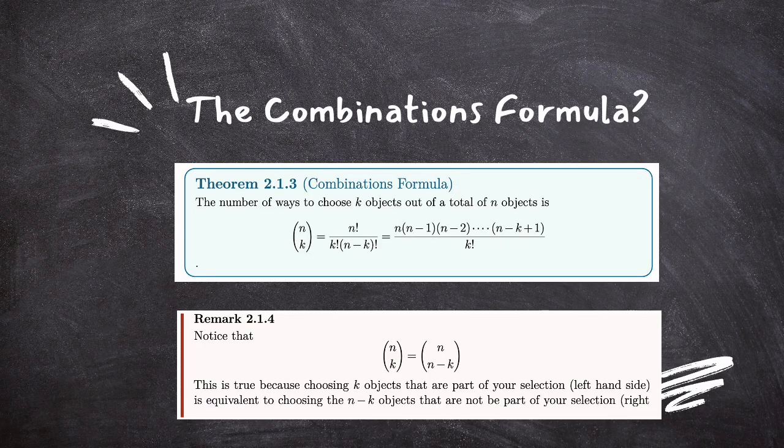Okay, so they are equal, they are equivalent. So this is all about combinations, the definition, the formula, and some remarks we have to remember to solve combination exercises effectively.